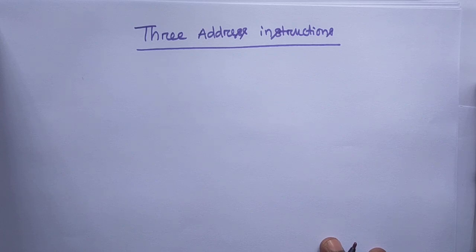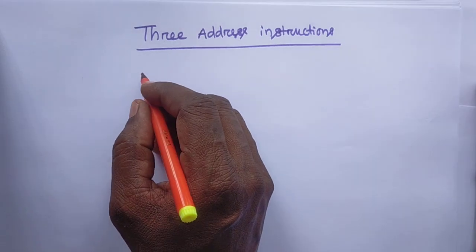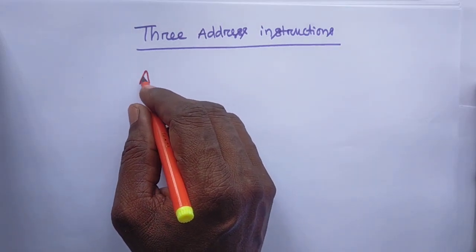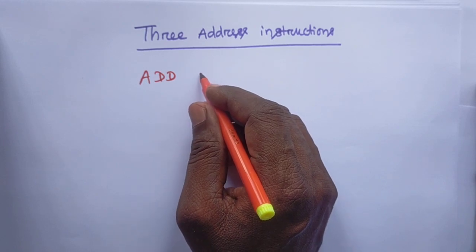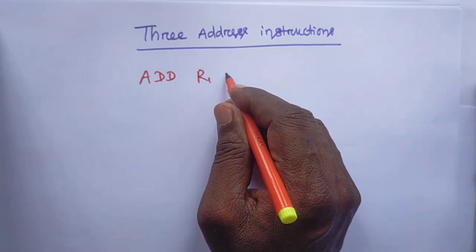Whenever we go through any kind of instruction, the instruction depends on how many operands we use. Based on that, we can define the category of address instruction. For example, suppose we go through add R1 R2.